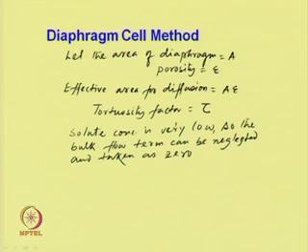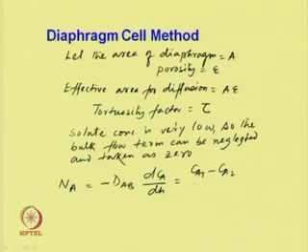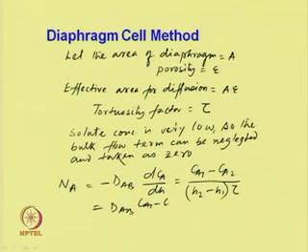So, in that case we can write the flux equation: NA will be minus DAB dCA/dH, which is equal to CA1 minus CA2 divided by H2 minus H1 into tau, which is equal to DAB into CA1 minus CA2 by x tau, where x is equal to H2 minus H1, the thickness of the diaphragm.